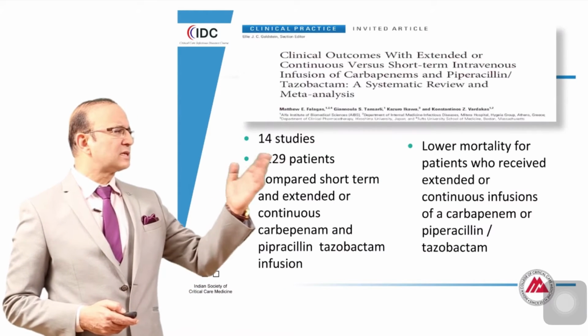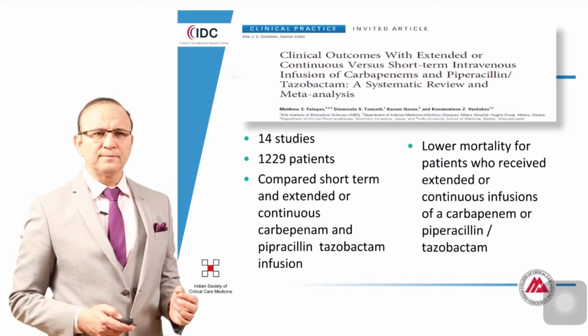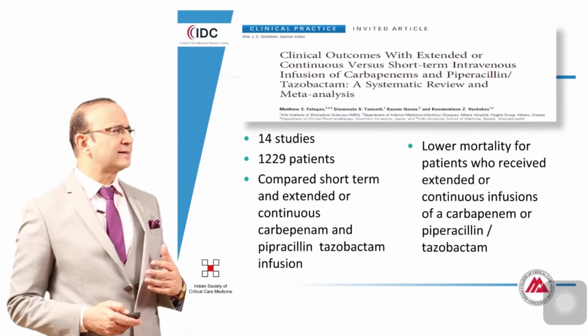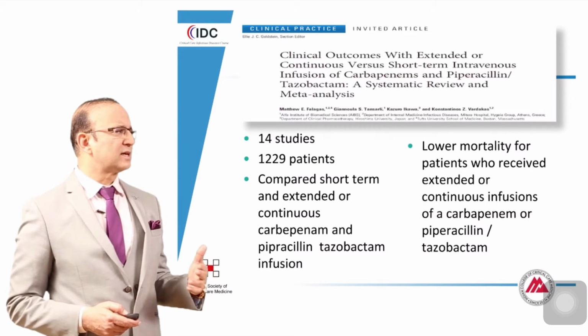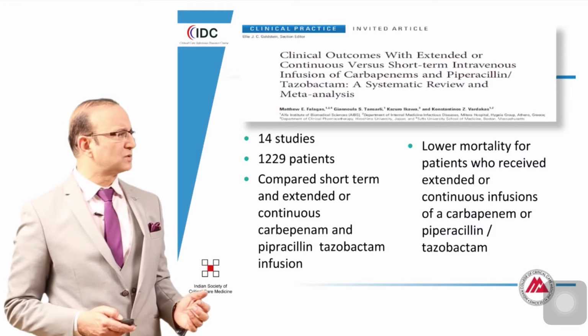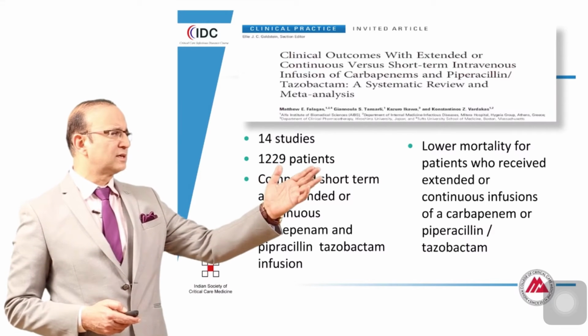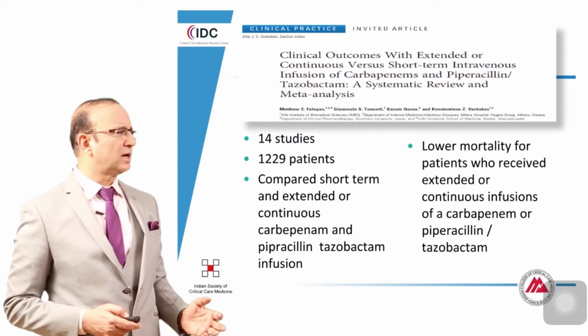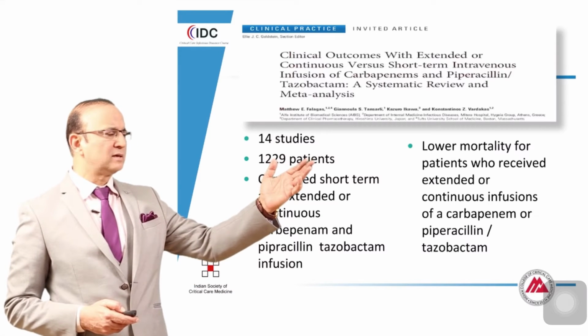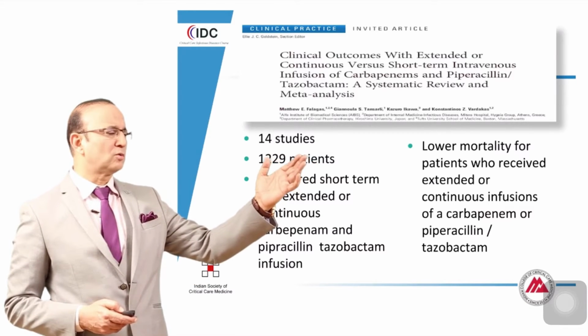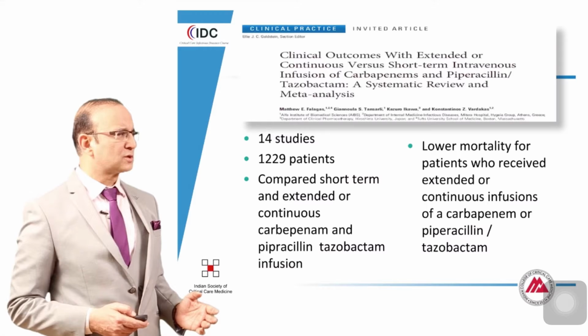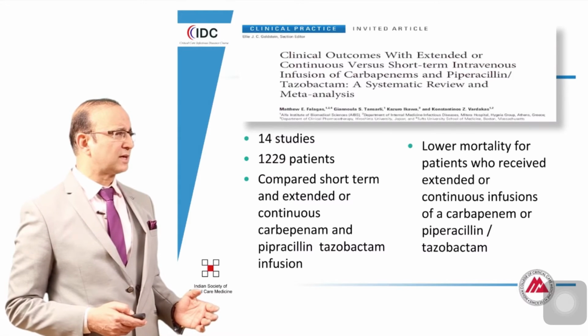So this is another study where Matthew Falagas analyzed all the studies, and a systematic review and meta-analysis was published of 14 studies, 1,229 patients, where they compared the short-term with the extended or continuous infusion of carbapenem and piperacillin tazobactam.